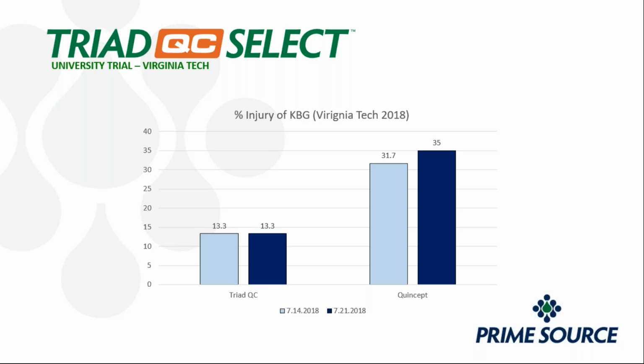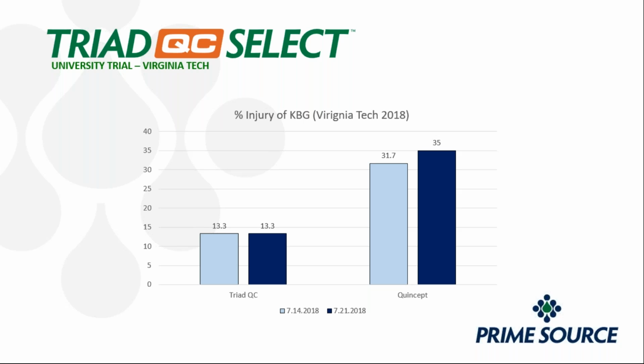So when we come out with our product, it might have the same 3 chemicals, but we do work really hard on making sure our surfactant packages are different, making sure our safety is better, making sure our efficacy works better. It is a unique product, even though it acts and looks similar. We knew Quincep had an issue with injury on certain cool season grasses, so we put a safener in ours.